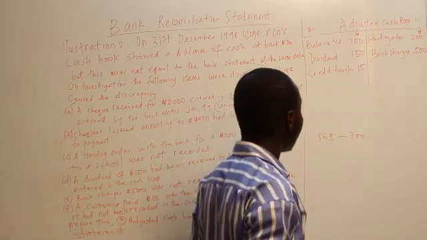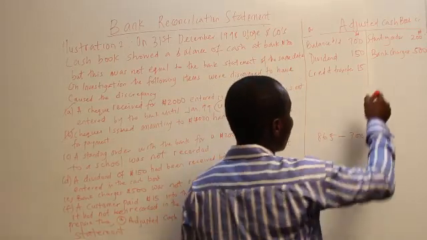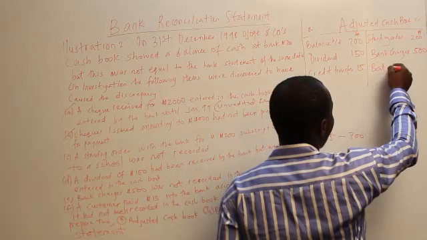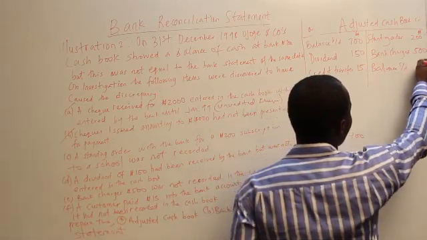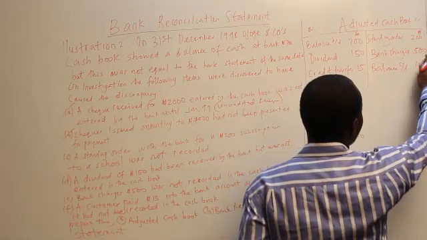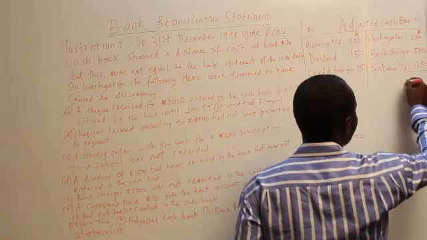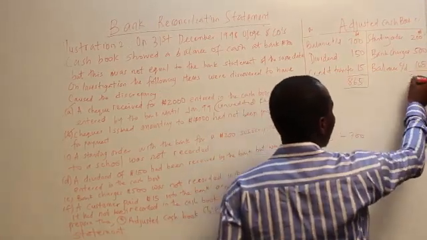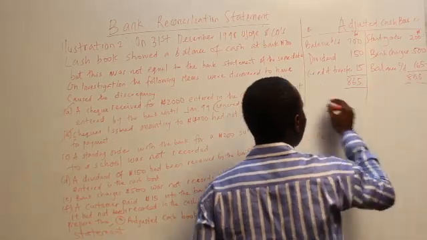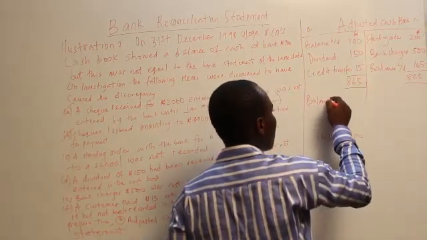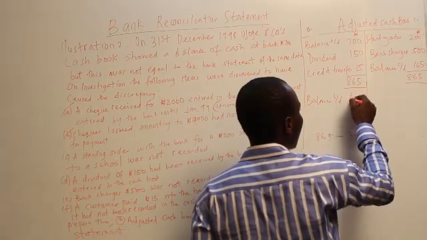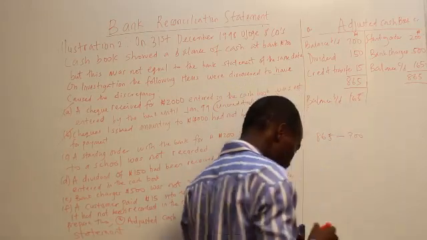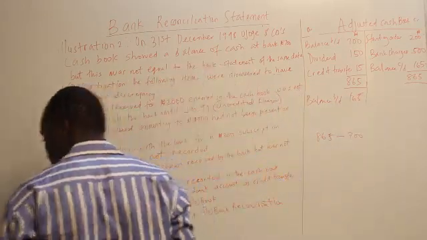The difference is 165. So we have balance carried down, 165, and the totals are 865 and 865. Then you have our balance brought down, 165. So we are done with part A.